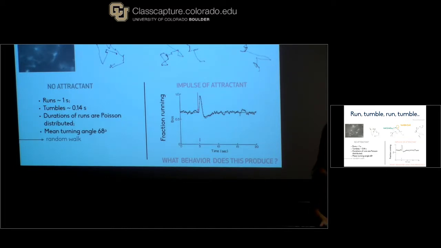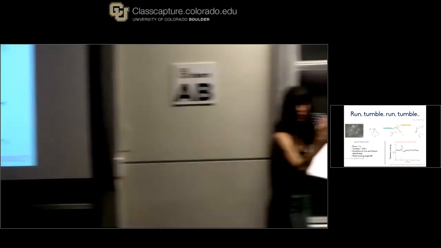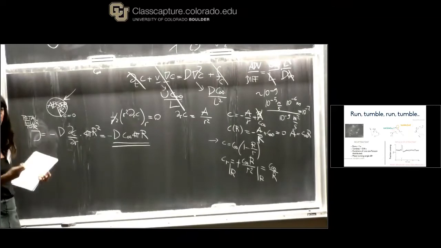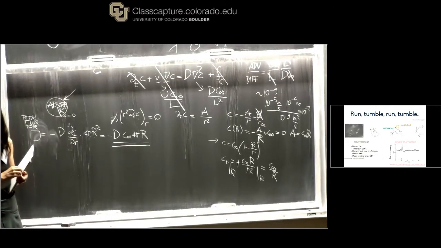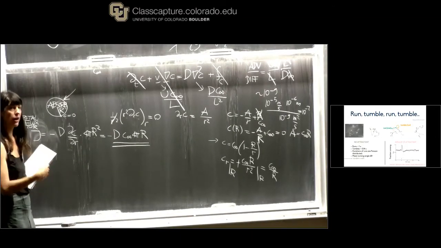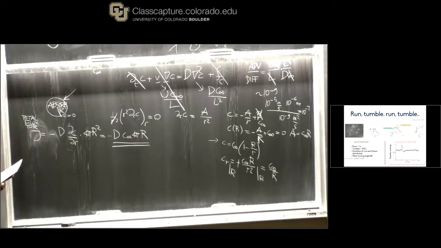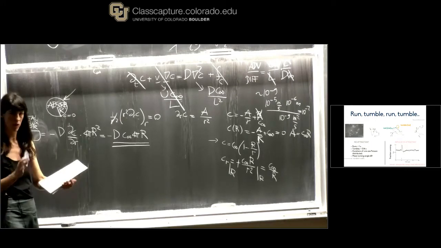Now we're asking, I know about chemotaxis, I know they measure gradients, so why do they measure them in time? This is why we started to talk about diffusion and how many molecules hit the surface of an absorber, because now we can calculate fluctuations. So what is the cell doing? The cell is counting the number of molecules that are hitting the surface. Turns out it's not exactly what it's doing, but almost.